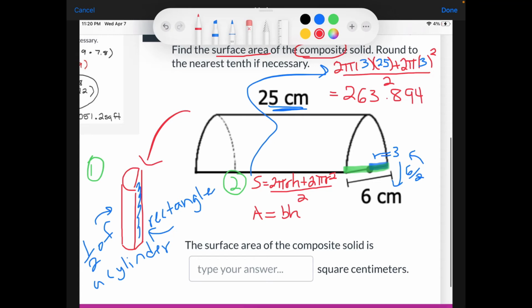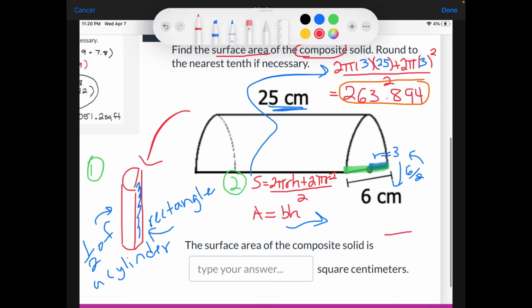We need to take that number and add it to the area of the rectangle. All right, so now let's do the area of this rectangle. If you need to, you can draw this rectangle out so you can see it a little bit better.